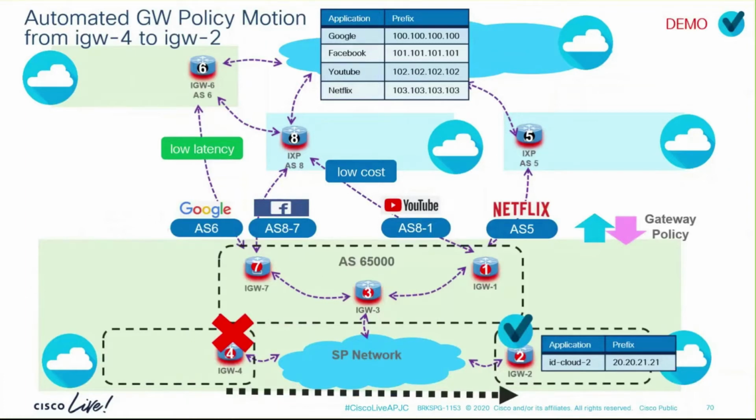Router 2 will have the same incoming ingress policy and outgoing egress policy as the previous router. Very fast, very simple, very easy with NSO. This is the idea. Let's see the demo here.